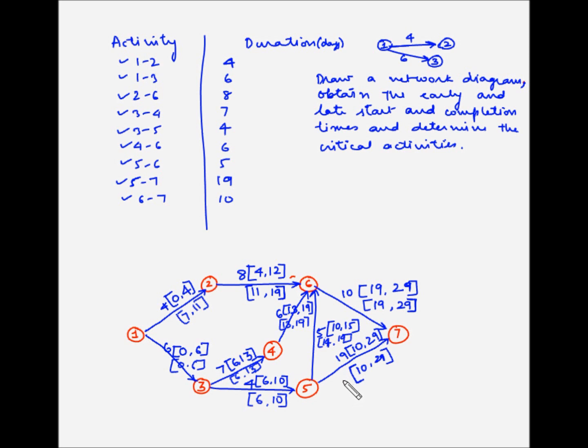Now the next step is to determine the critical activities. Now the critical activities will be the activities on the critical path which cannot be delayed. So one method of finding the critical path was to calculate the durations of each of the possible paths from the starting node to the end node of the project, and whichever is the longest path becomes the critical path.